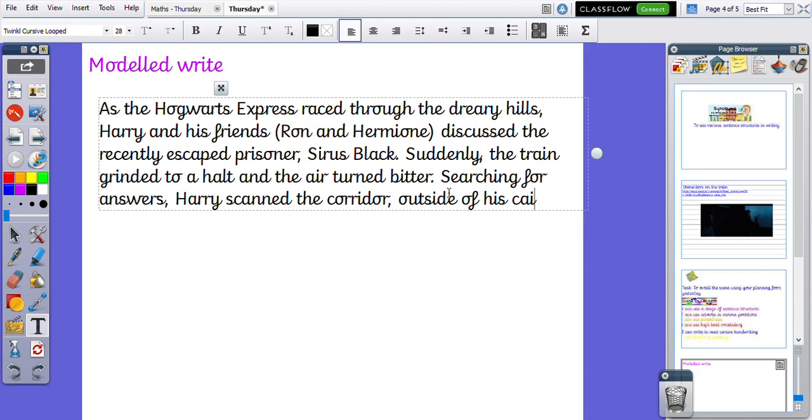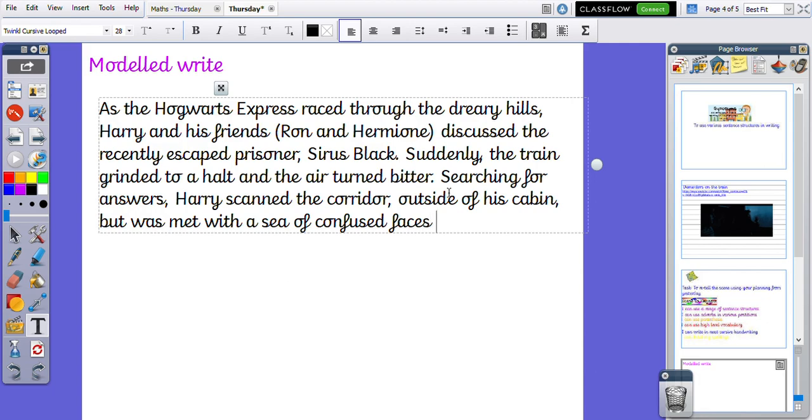So we've got some more parentheses there, giving that extra detail of where the corridor was, but was met with a sea of confused faces. So there I've used a metaphor. Okay, I'm saying there was a lot of faces like the sea.